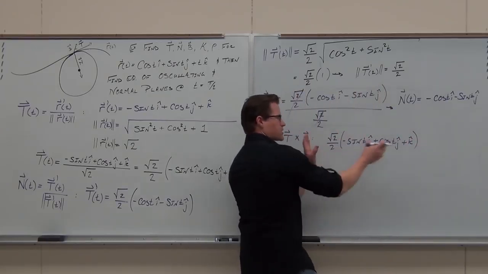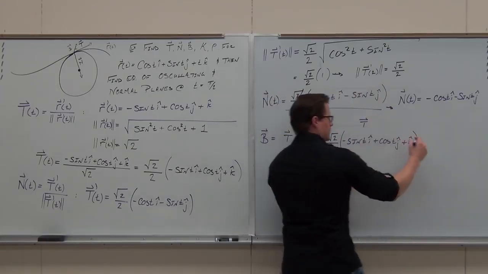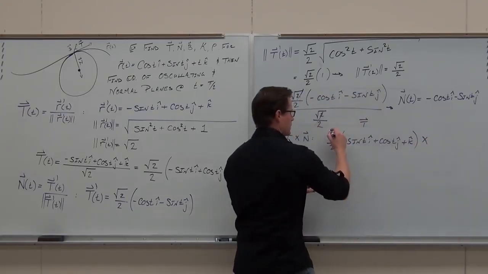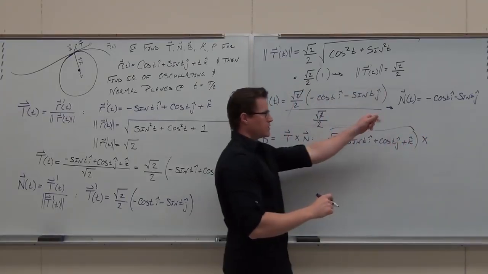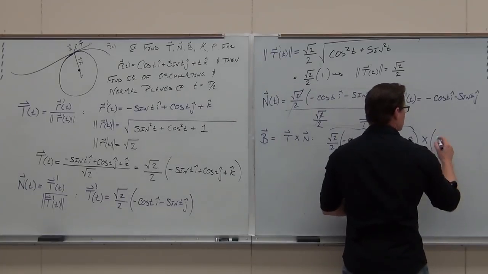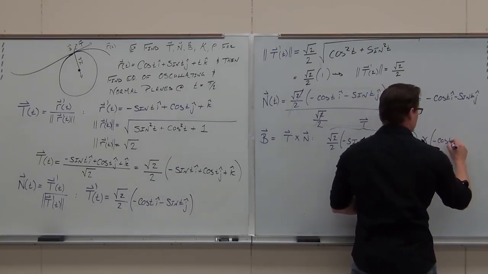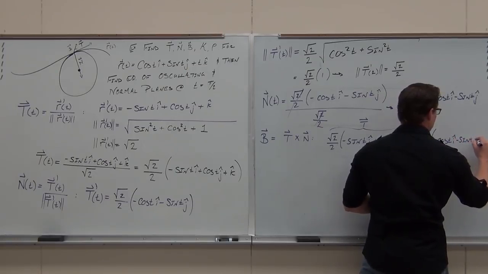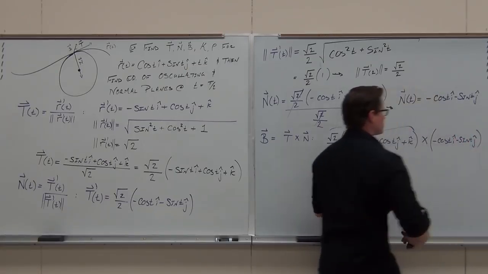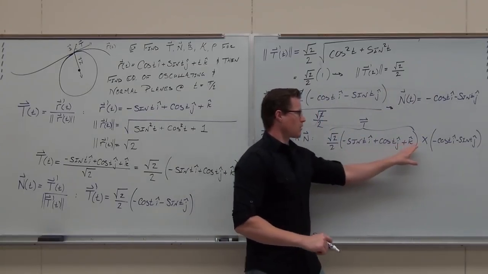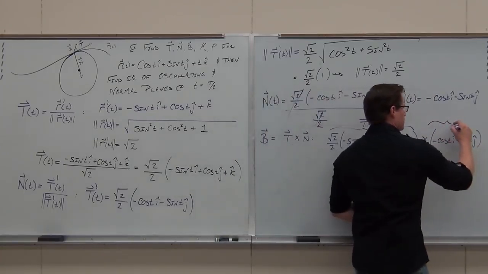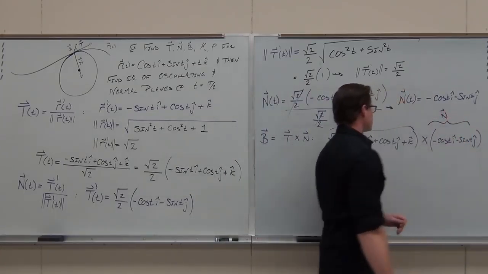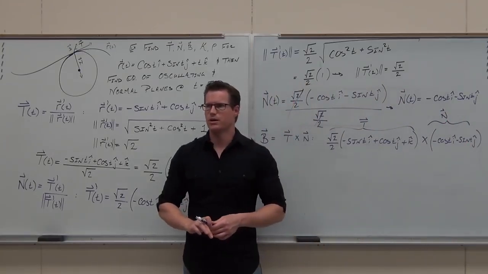So we're going to cross T with N. We just figured it out. This cross that. This is N. Still head nod if you're okay with that one.